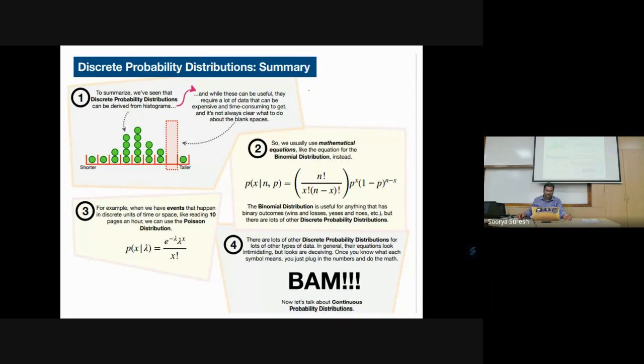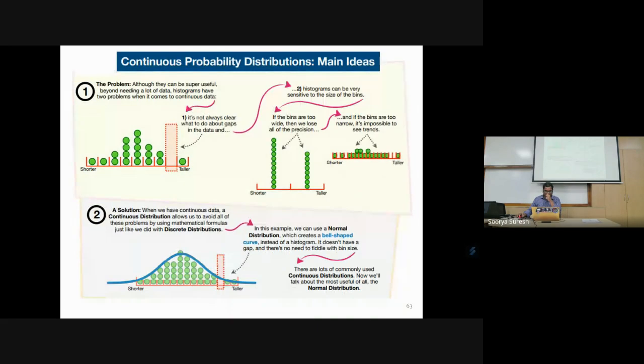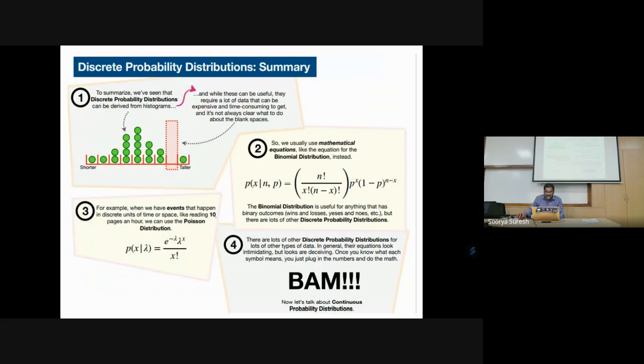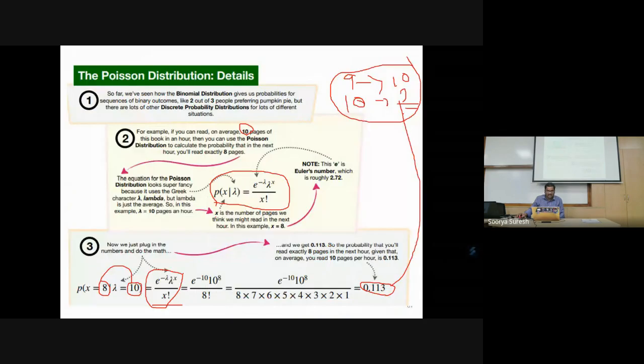The same thing we also have for continuous data. These are for discrete data: when we say 8 pages, 10 pages, that is discrete data. Suppose you have continuous data, what to do?